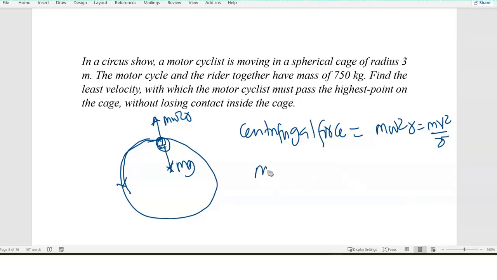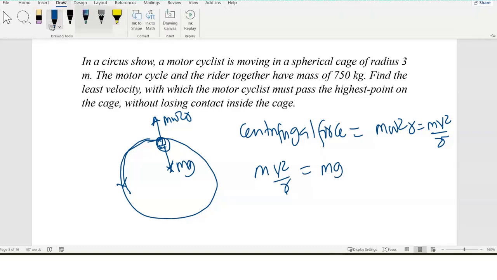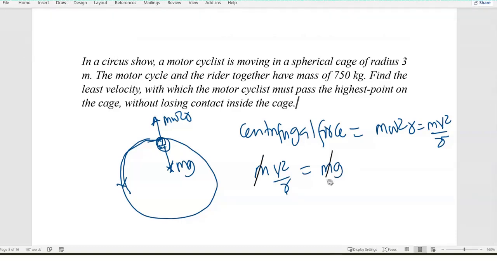So mv squared over r is equal to mg. We know m, we know g. So I can cancel out m, so that I have v equal to the square root of rg.